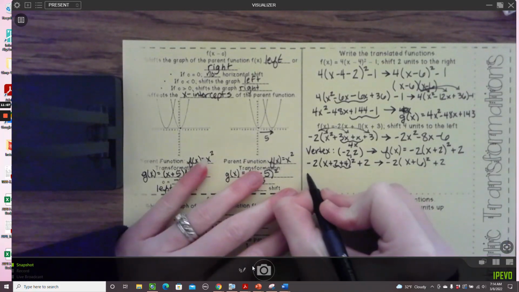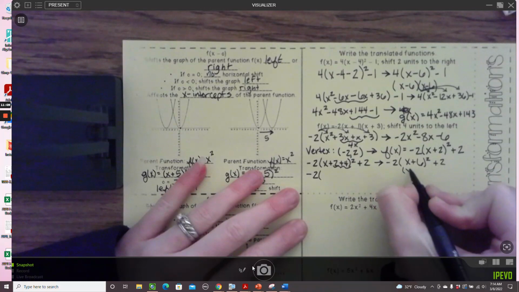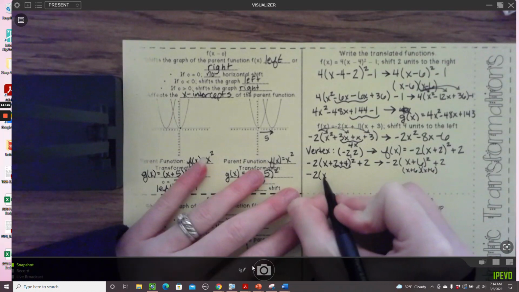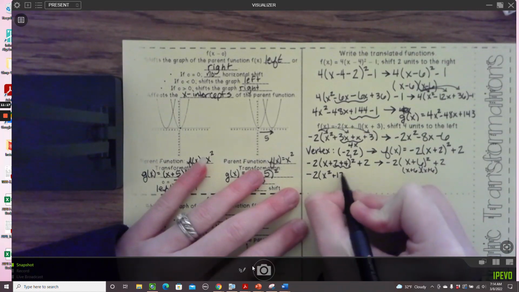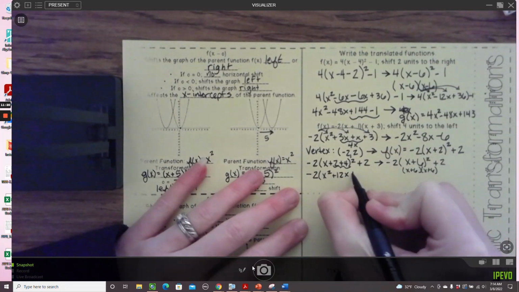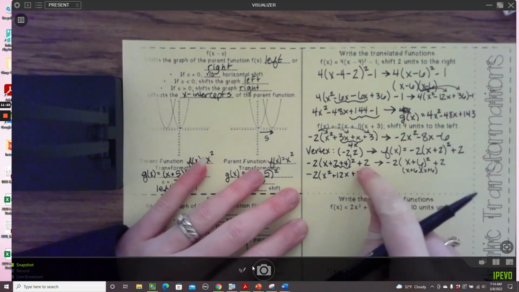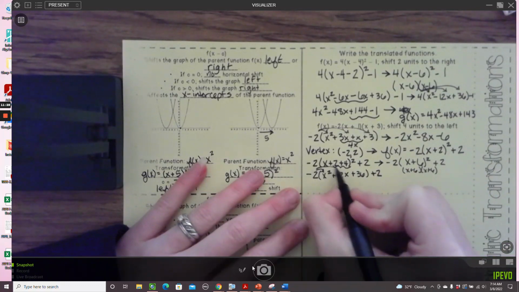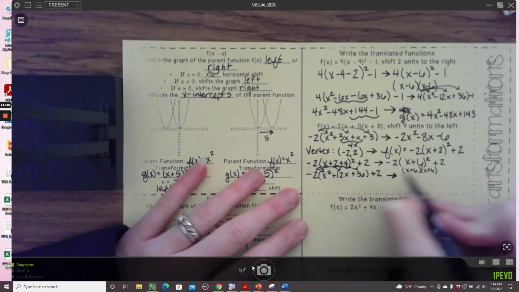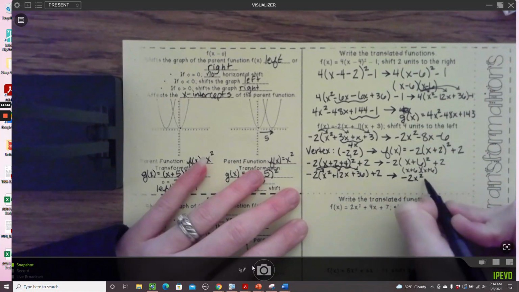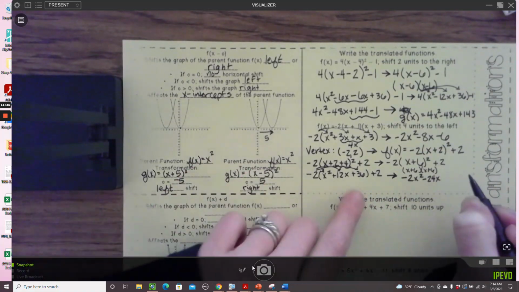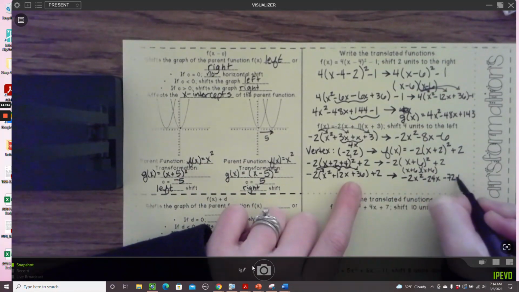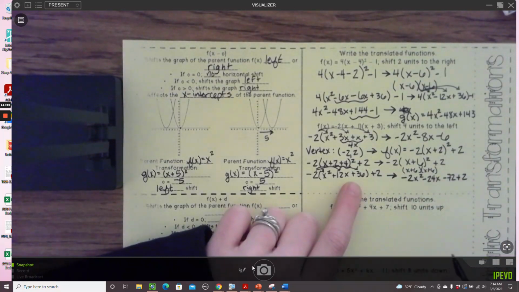I'm just going to do it really quick again to save time for you. x plus 6 times x plus 6 simplifies down to x squared plus 12x plus 36, but I still have this plus 2 at the end. So if I distribute this -2, I've got -2x squared minus 24x. -2 times 36 is -72, and then still adding that 2 on the end.